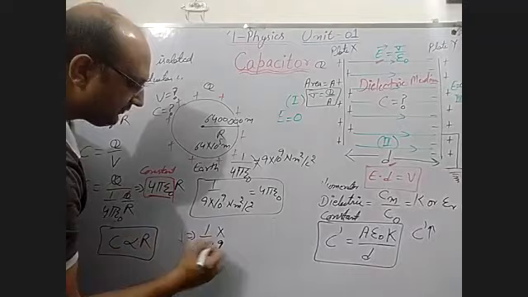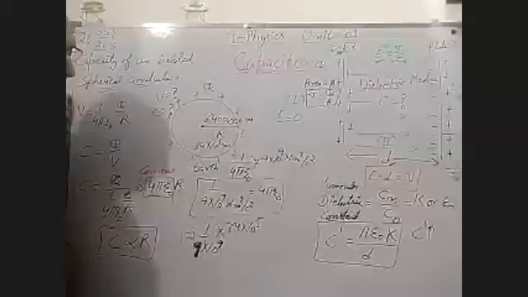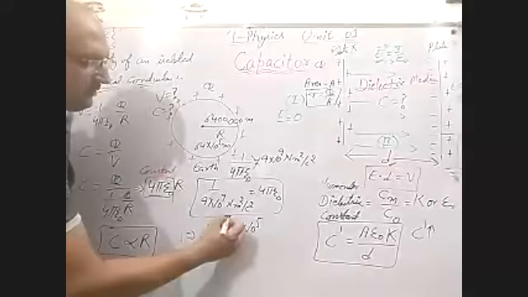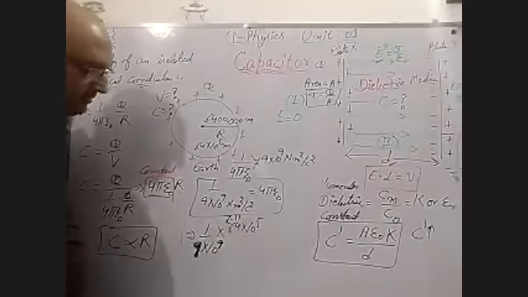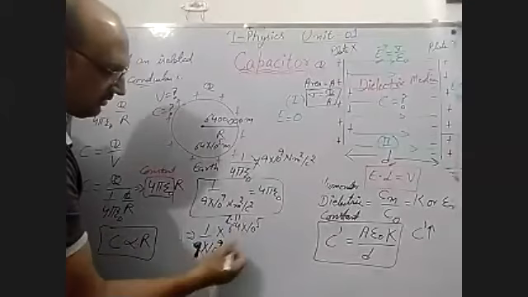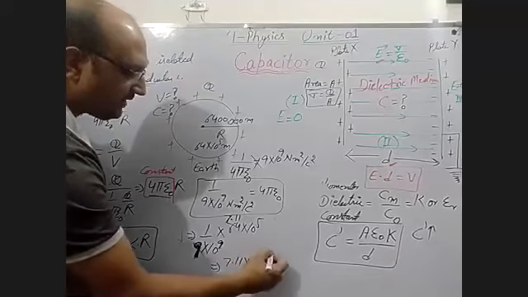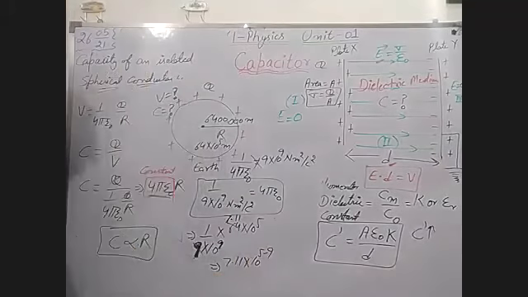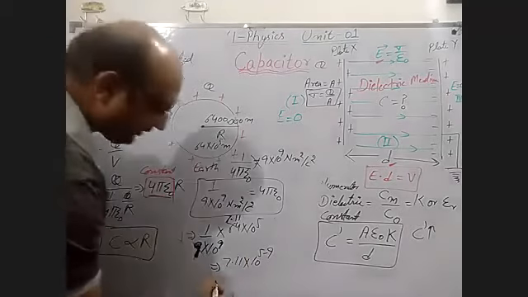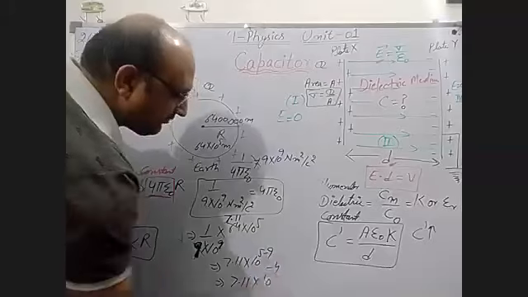Now you can cut 9 into 64. 9 6 are 54, 9 7 are 63, near about 7.11. Now 7.11 into 10 raised to the power 5 minus 9. Now 7.11 into 10 to the power minus 4.